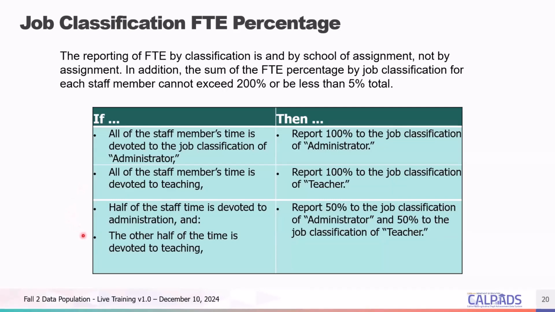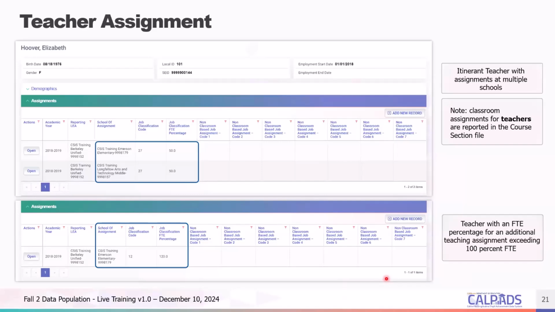For a staff member who works exactly half of their time in administration and the other exactly half of their time in teaching, you would report 50% FTE to the job classification of administrator and 50% FTE to the job classification of teacher.